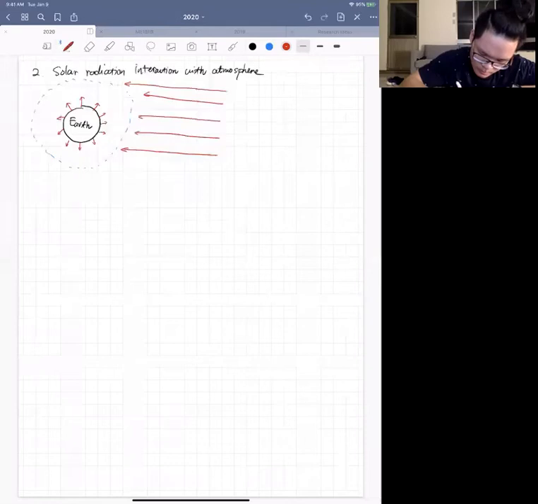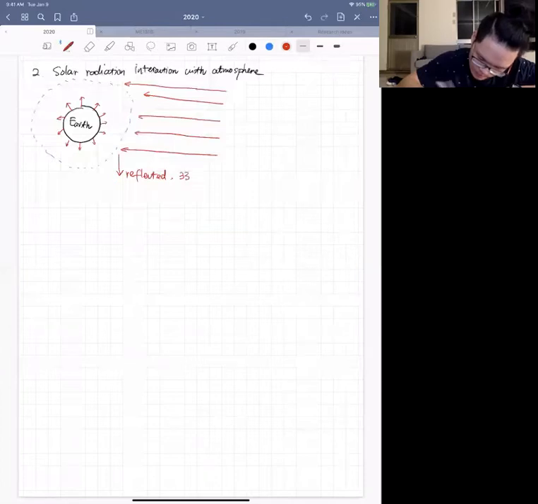It turns out that not all the solar radiation on top of the atmosphere can reach the ground. Part of this incoming radiation would be reflected. It's actually about 33%. This gives us one concept, which is the reflectance.